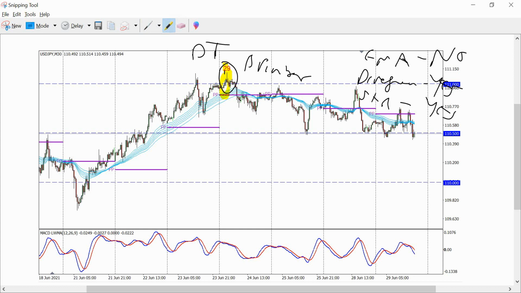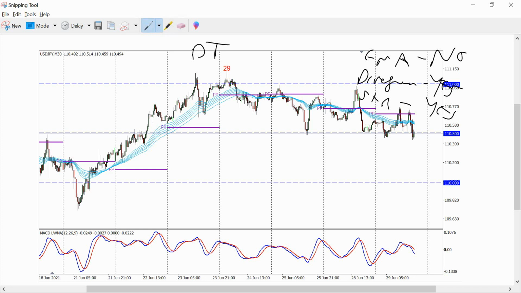And what this 29 means is basically saying that price last touched the top of the wick 29 bars ago on the current time frame.